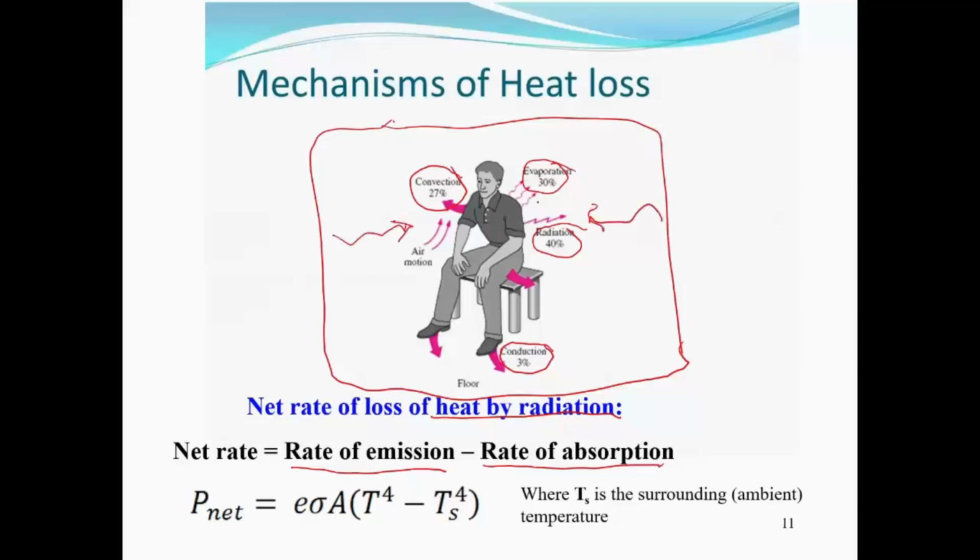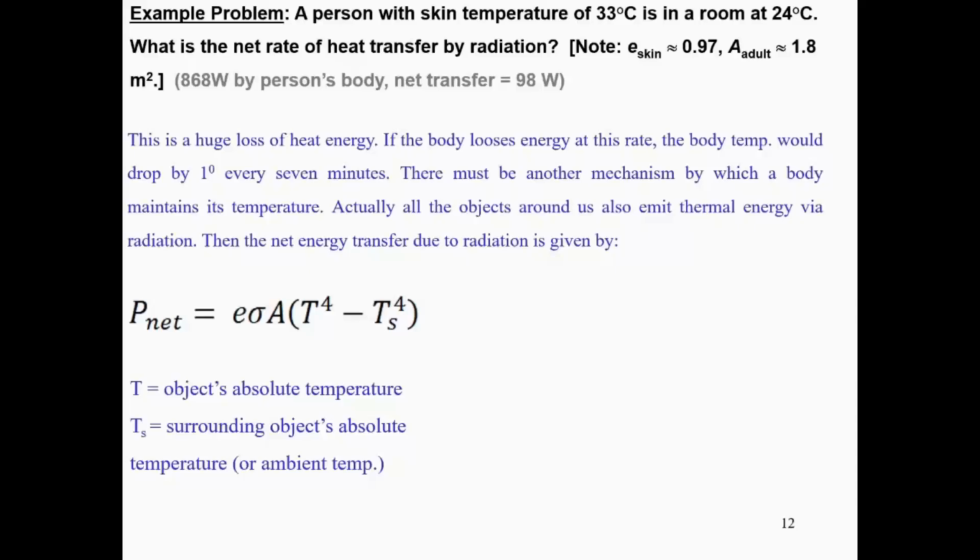You are radiating energy, but at the same time absorbing energy from the surrounding objects. So the net rate of heat transfer by radiation is P net equals E sigma A times T to the fourth minus Ts to the fourth. T is the temperature of the body itself, and Ts is the ambient, surrounding temperature. This is the formula we'll use to solve some numerical problems.